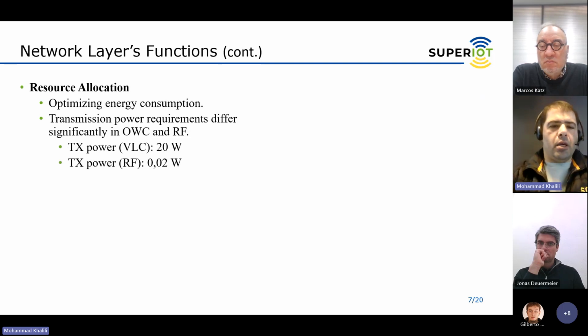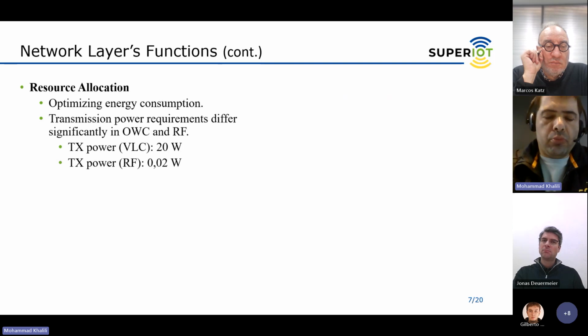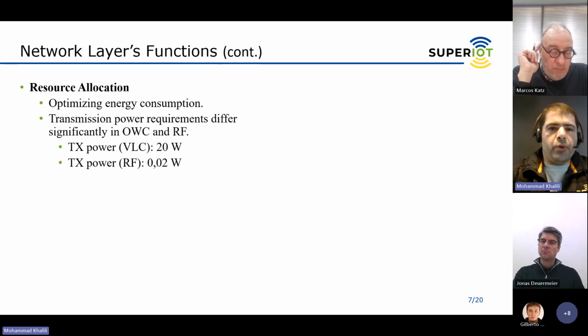For instance, transmission power in visible light communication is 20 watts, but it is very low in RF. I should mention that this transmission power is for two purposes.